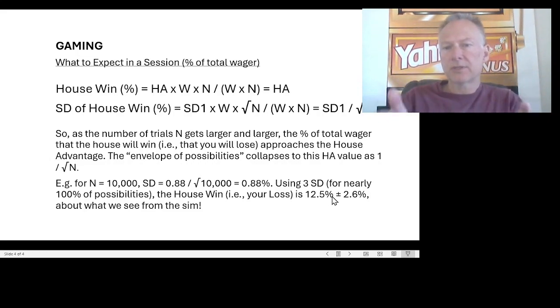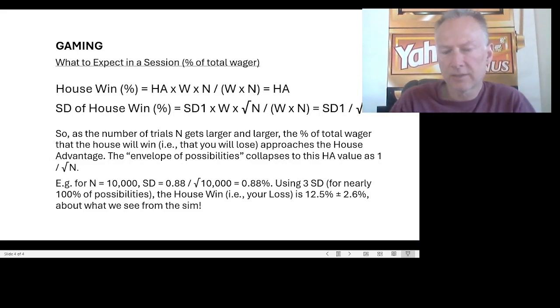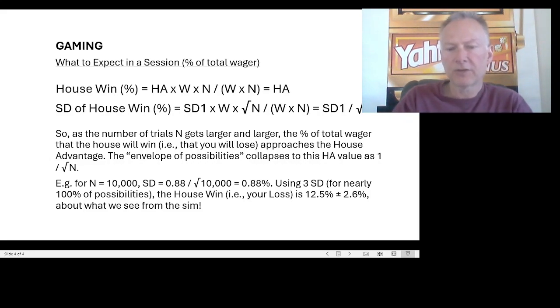And going out 3 standard deviations, so that's essentially all the possibilities, we would expect it to be 12.5% plus or minus 2.6%. And if you recall from the sim, when we eyeballed that chart, it was 12.5% with a total range of 5%. So it was 12.5% plus or minus 2.5%. Very close to the sim result, as we would expect.